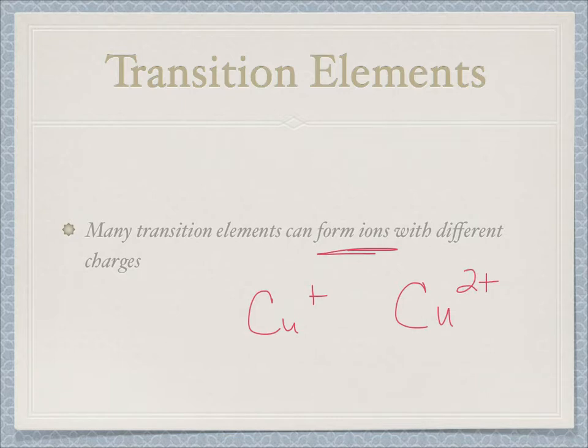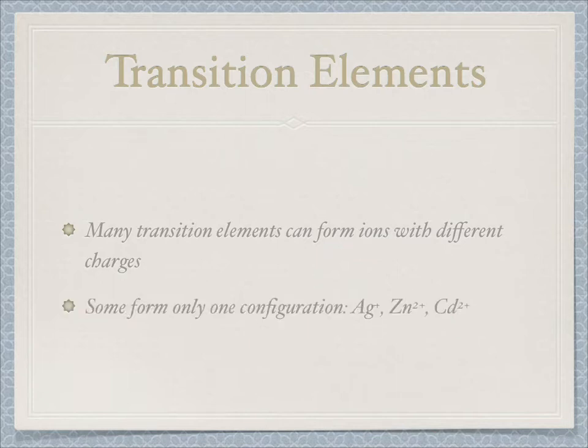You just have to learn some rules for how to figure out which ones of these are going to be, and there's a naming convention that we'll use that will indicate which of these we're talking about. Of those transition metals, we said that a lot of them have multiple ones. These three, silver, zinc, cadmium, they only have one, so it's good to memorize those. If I'm talking about silver, it's always silver +1. If I'm talking about zinc, it's always +2, cadmium always +2.